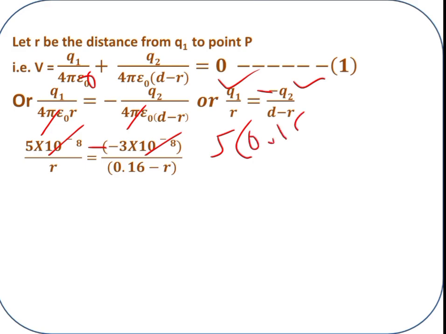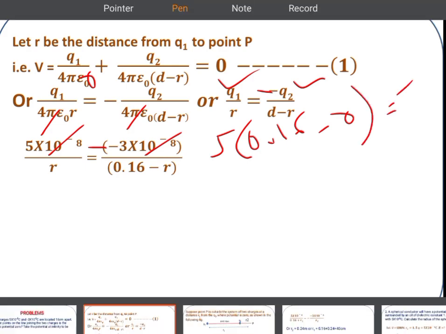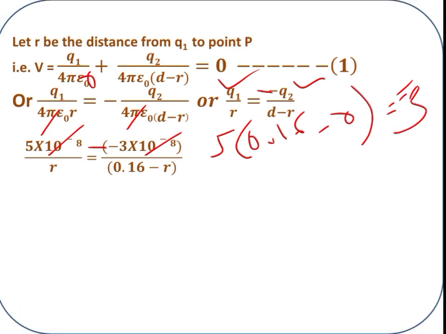Cross multiply: 5 into (0.16 minus R) is equal to 3R. Only 3R, not minus. This is not 5, this is 0.16.